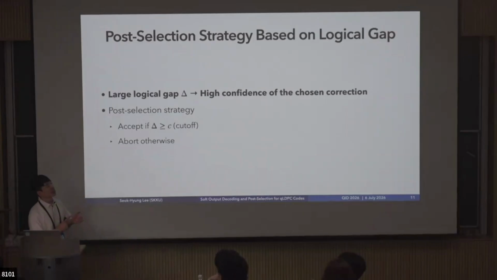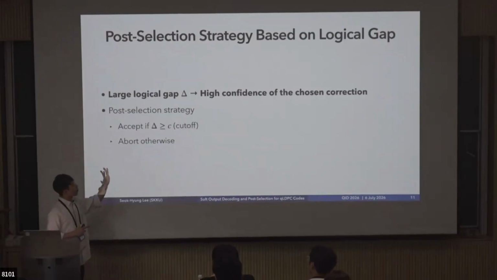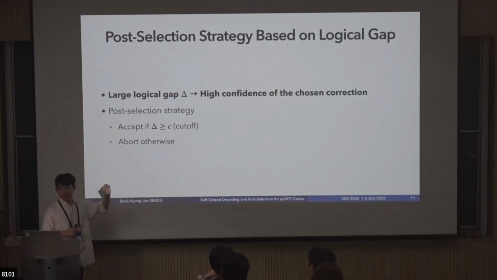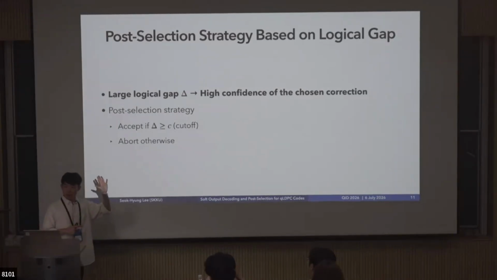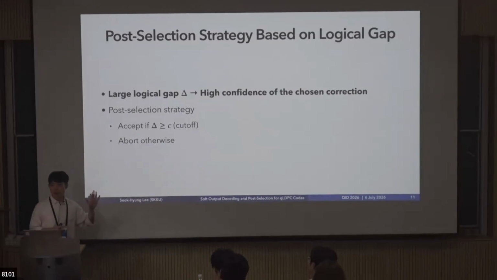It is a bit difficult to define the post-selection advantage. If we fix the cutoff value and quantify the performance by the conditional logical error rate, I'm not sure whether the suboptimal decoder always gives a worse result than the optimal decoder.